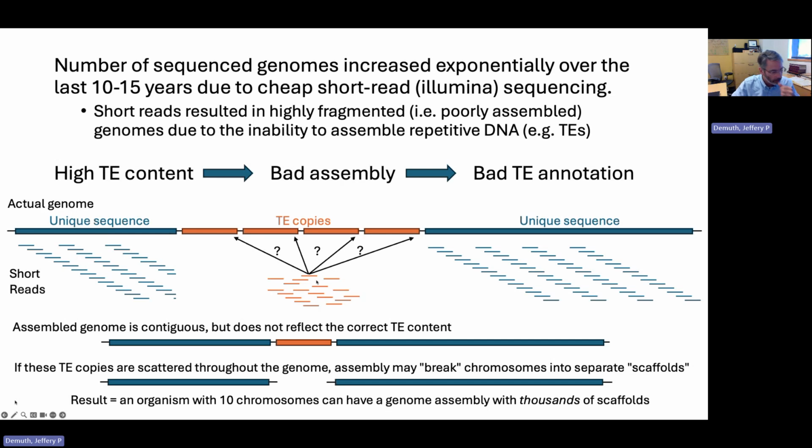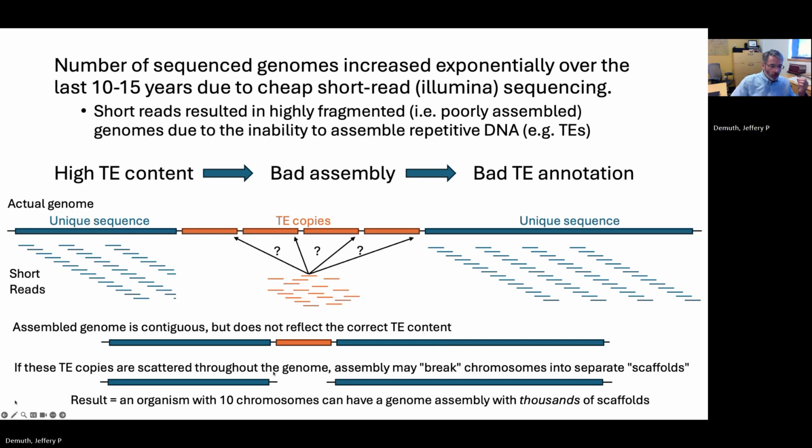And so one of the bioinformatics ways people have historically tried to deal with this is look at the read depth, because you should have like 4 times the number of reads coming from these orange things because there are 4 copies of them. And so in this assembled genome, you have 4 times the number of things that correspond to that chunk than would correspond to the upstream or the downstream unique regions.